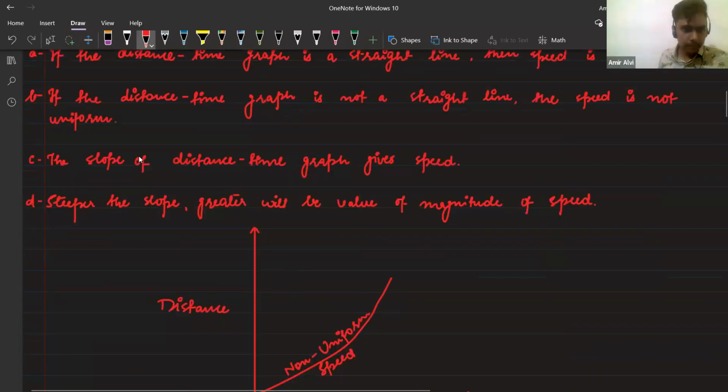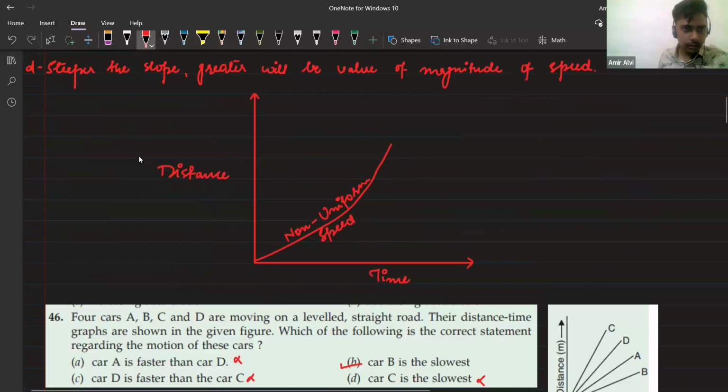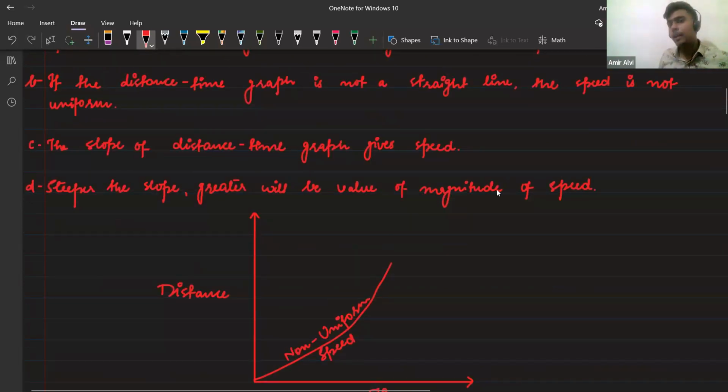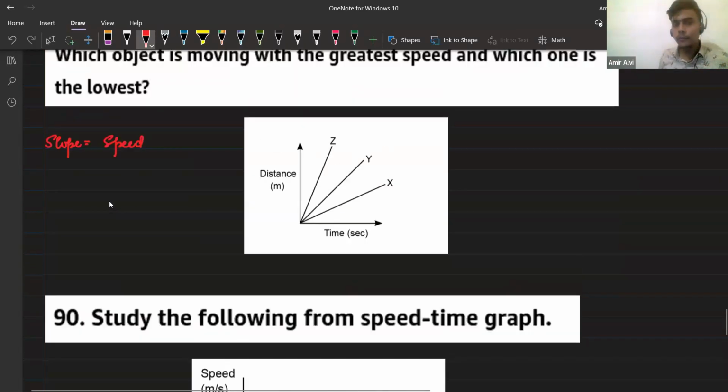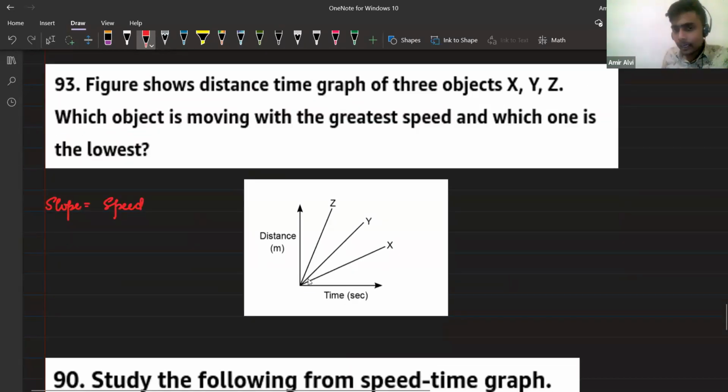Steeper the slope, greater will be the magnitude of speed, right? Steeper the slope means the more the angle made with the x-axis, the higher will be the value of speed, right? So this angle is made by Y, and this angle is made by Z, right? So the angle made by Z is higher, having the higher degrees, right?